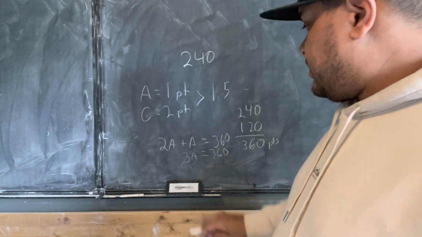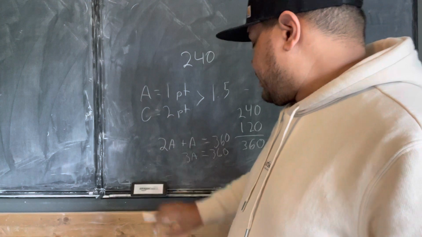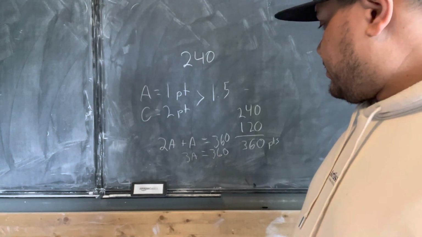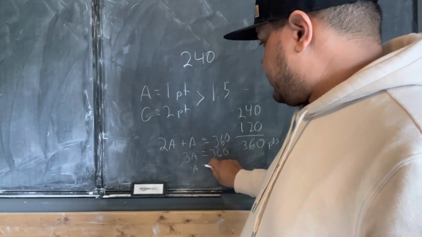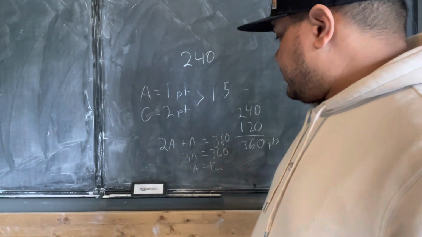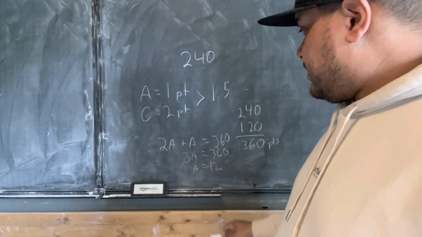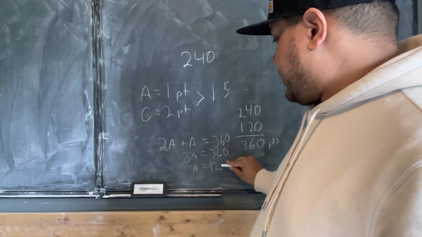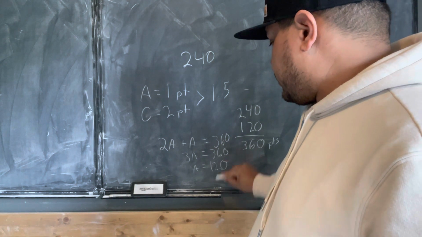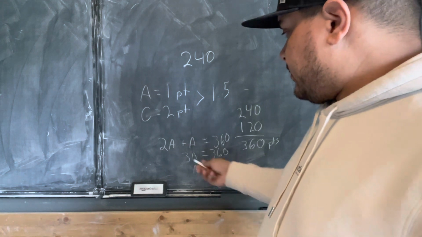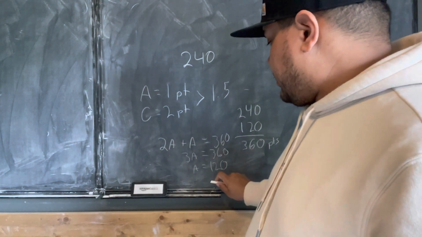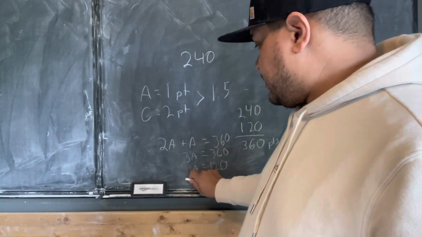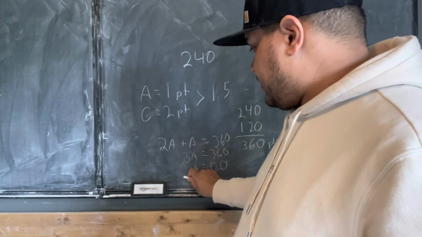And so then we're going to take 360 divided by 3, so A is 120, okay? And so what's going to happen here is that your apprentice is going to produce 120 points, and then we're going to plug A back in.